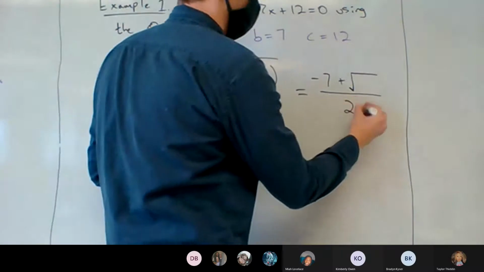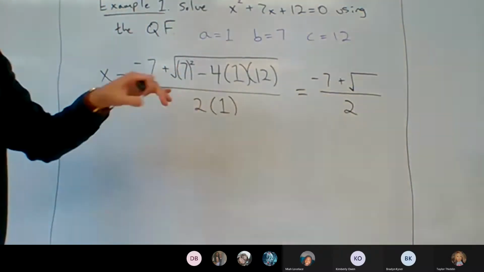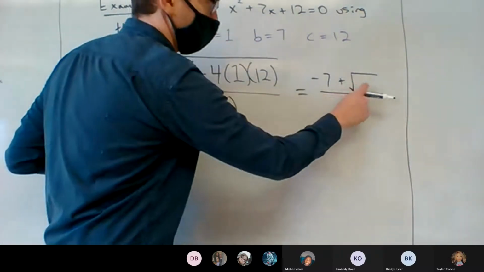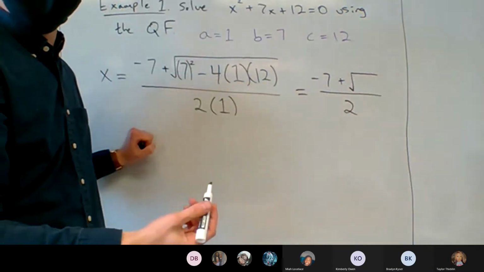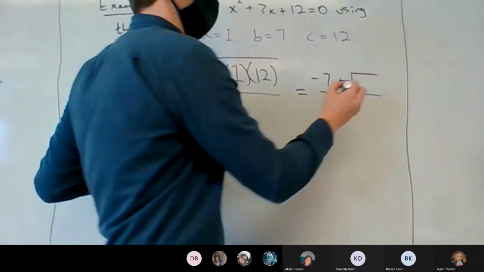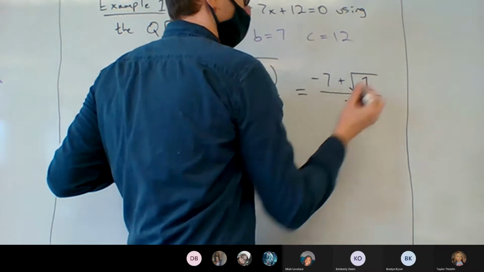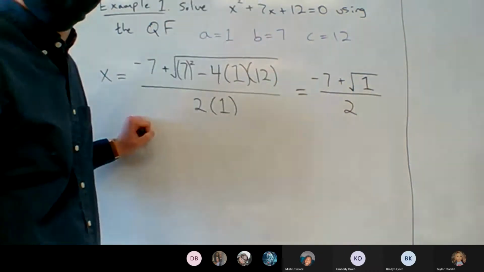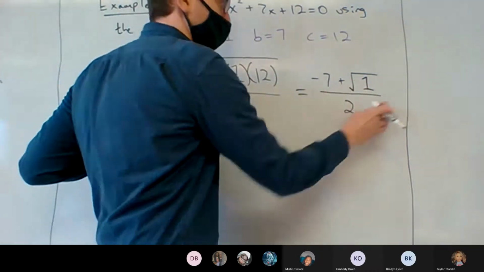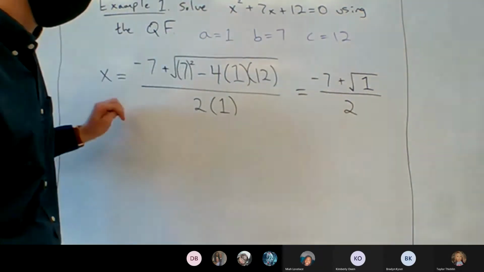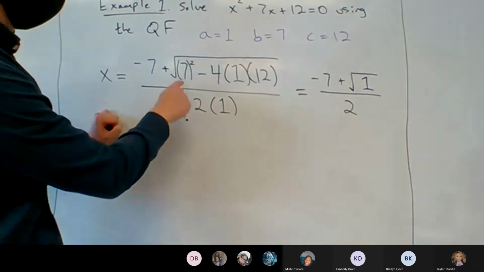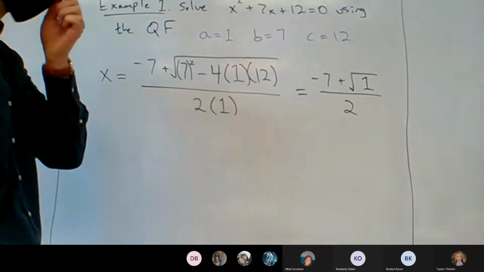Now you may want to write that as a separate step. I'm just going to go ahead and say what that difference is, which is 1, because I'm very limited on space here. You may want to write an additional step and have 49 minus 48 as your next step.